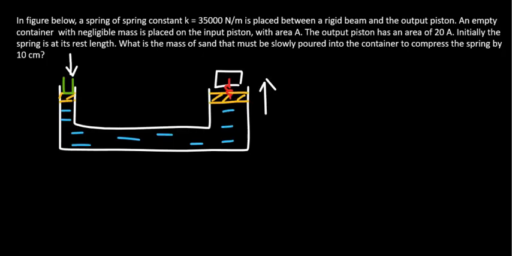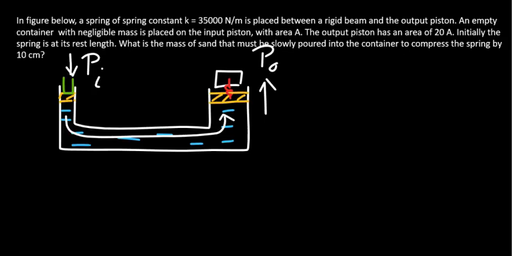The reason why that happens is because of the transfer of pressure throughout the liquid, and that principle is dictated by Pascal's law. Whatever pressure that you exert, let's call it Pi, on that little piston or the input piston, will be transmitted undiminished to the output piston in an upward direction. We can call that pressure Po.